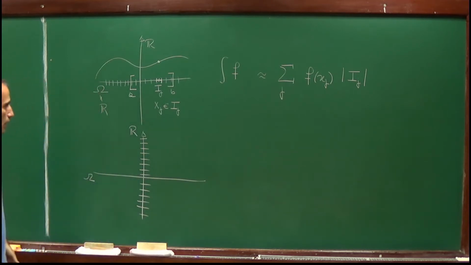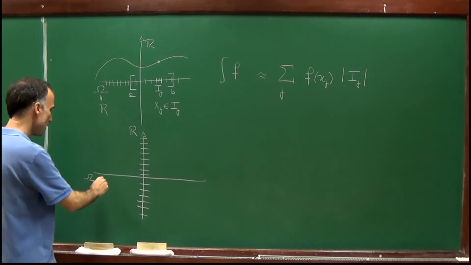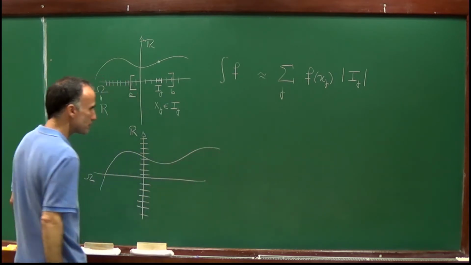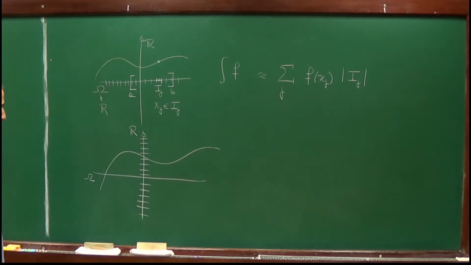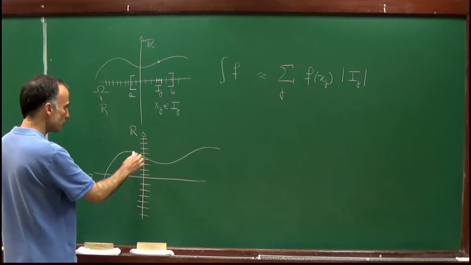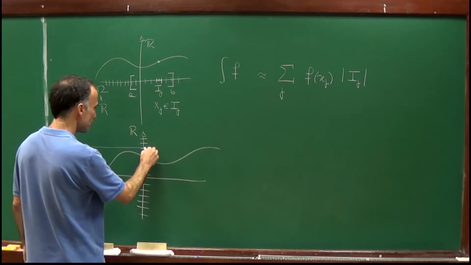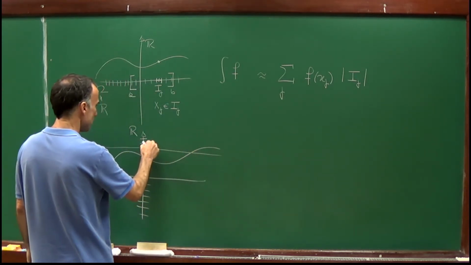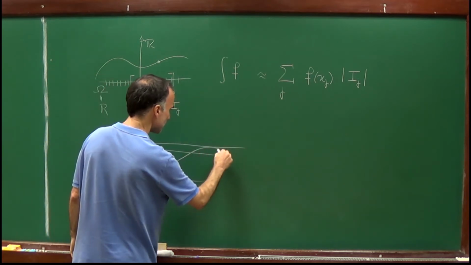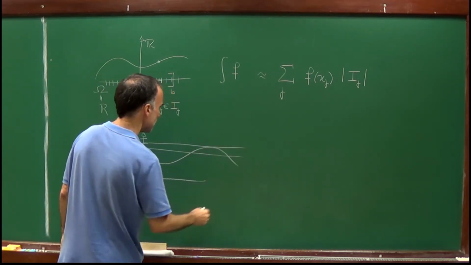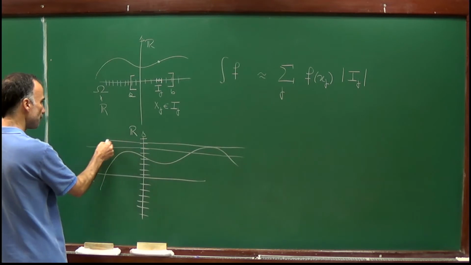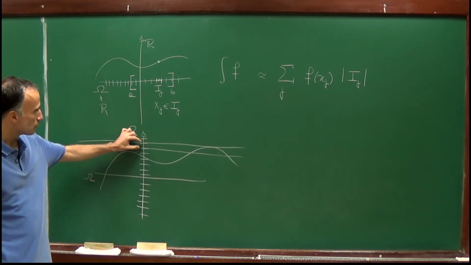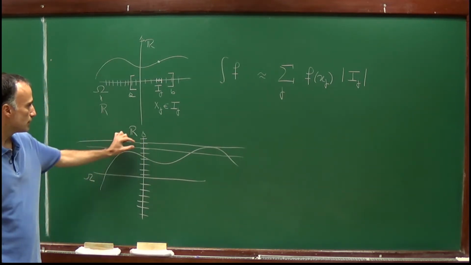So we divide the y-axis, which is R, in small intervals. Here again is your function, the graph of the function f. And what you will do is consider all points whose image is in this interval.